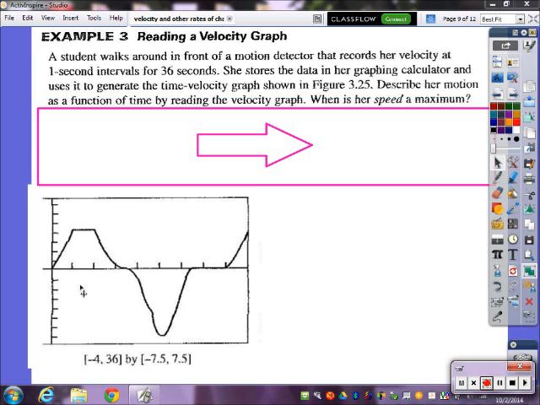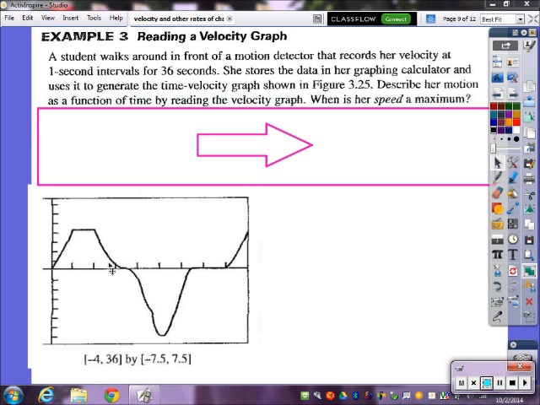If I wanted to interpret this, it says it's 1 second intervals for 36 seconds. And down here they tell you that the x values are from -4 to 36. So that means that each of these tick marks represents 4 units.